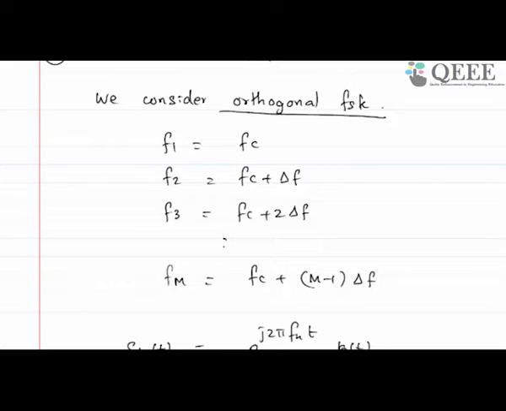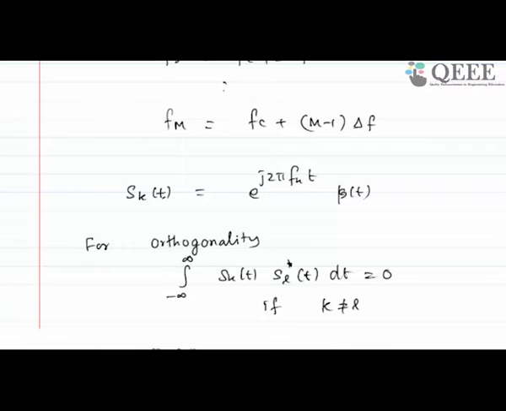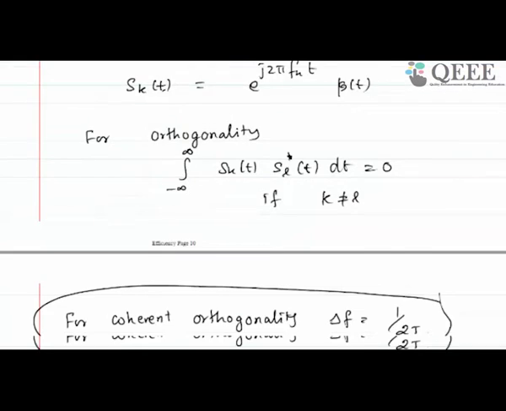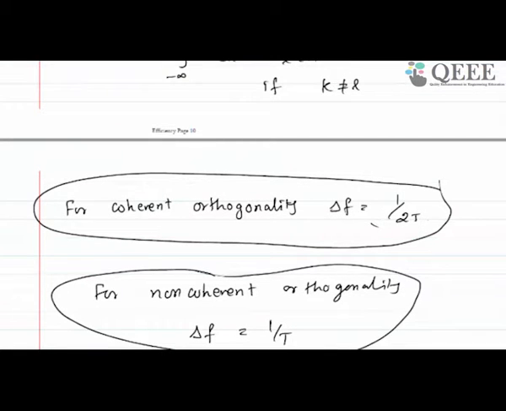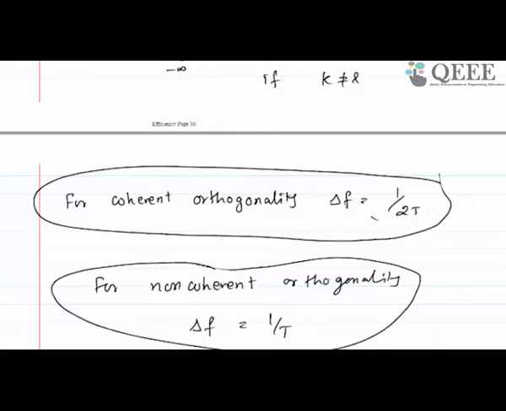Now, Sk of t is e^(j2πfk t) times the pulse, and we want orthogonality. We said that if they all have the same phase, the spacing has to be 1 by 2T. If they have different phases, the orthogonality requirement says the spacing has to be 1 by T.